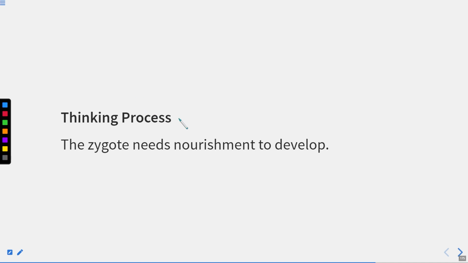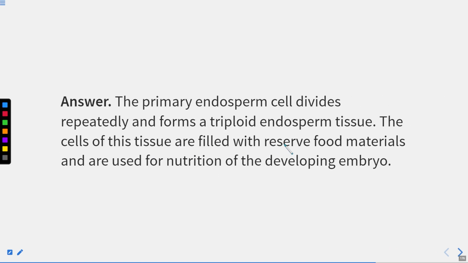Now, let's talk about this thinking process. Zygote needs nourishment to develop. First point is this, so this will help you answer this question. The zygote needs nourishment to develop. This we already know. Now, let's have a look at the answer. The primary endosperm cell divides repeatedly and forms a triploid endosperm tissue.